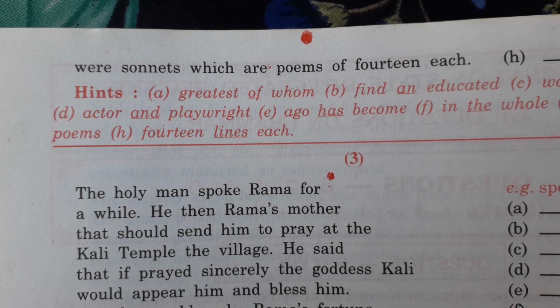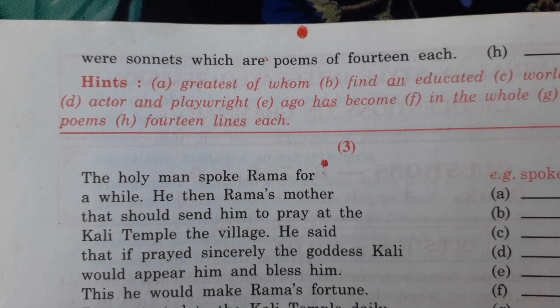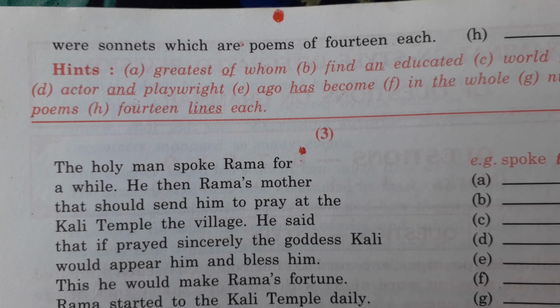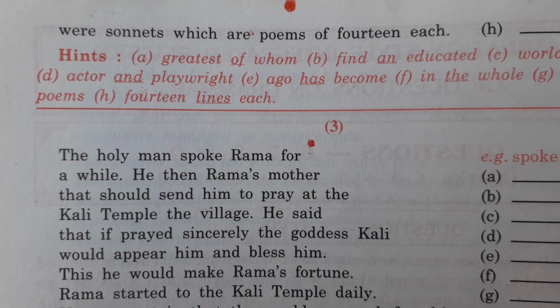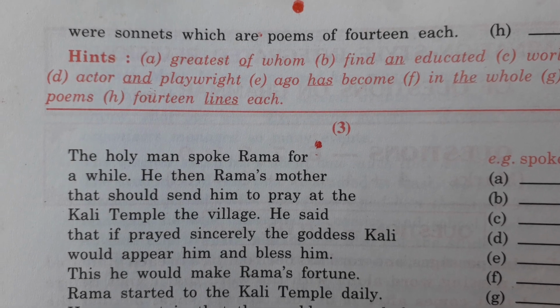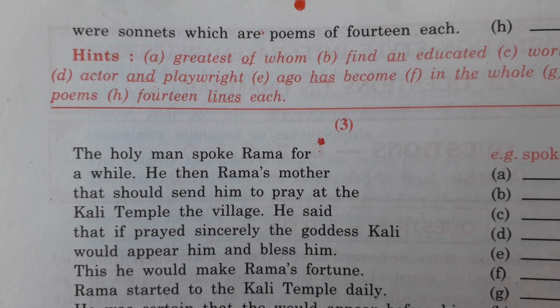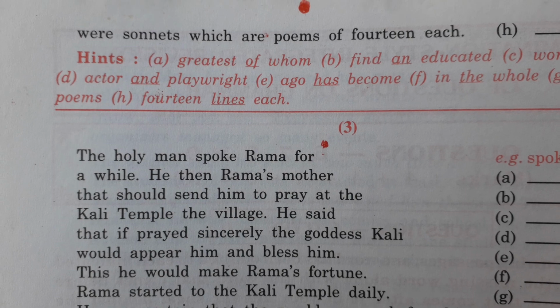Prepositional omission, temple in the village. When a particular place is told, then at, and the bigger place where the particular place is there, then in is used. So at the Kali temple in the village.